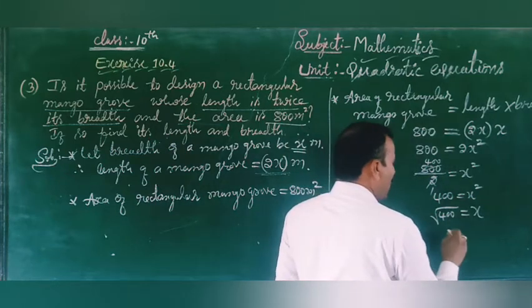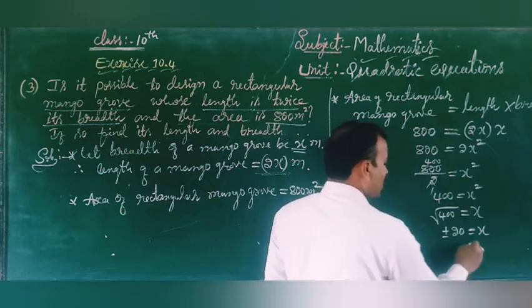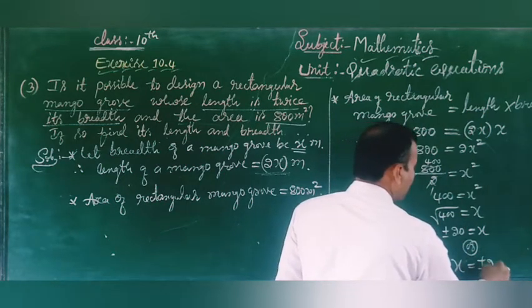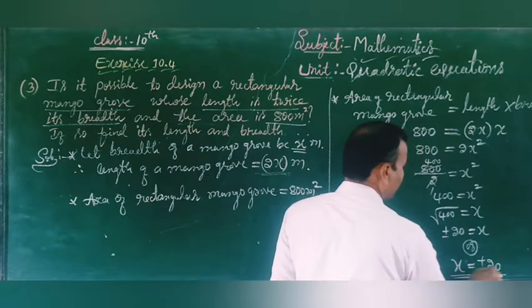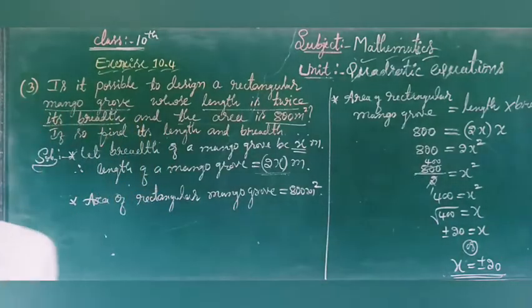So root 400 equals plus or minus 20 equals x, or x equals plus or minus 20.